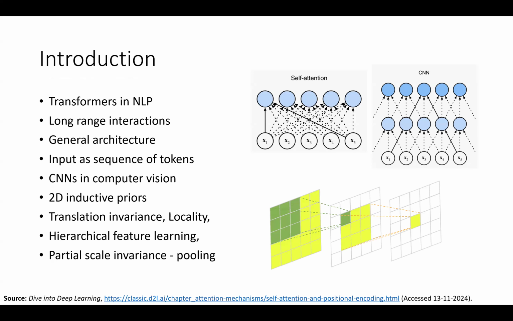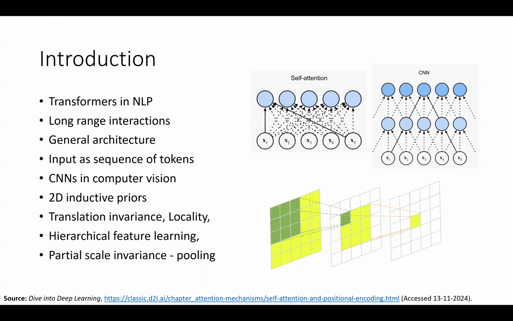So in the introduction, transformers have been the most popular architecture in NLP since 2017 because they can model long-range interactions across large distances in the text, and also because it is a general-purpose architecture which can process text, image, sound, video, everything. Basically, it unrolls whatever input comes as a sequence of tokens and does self-attention across it.